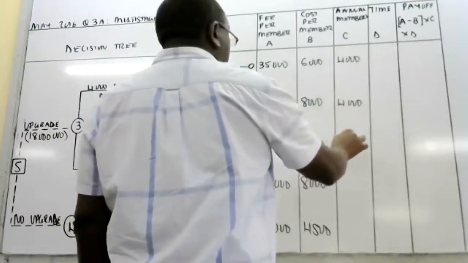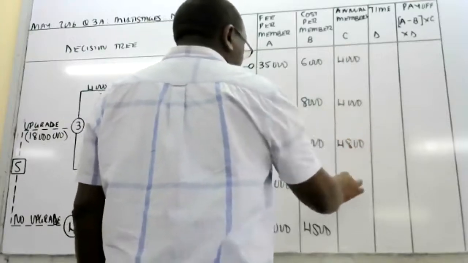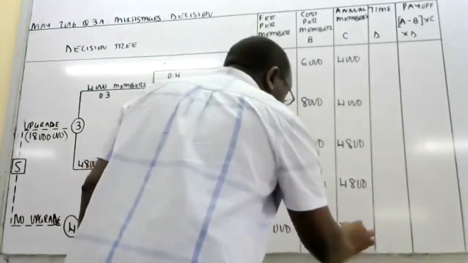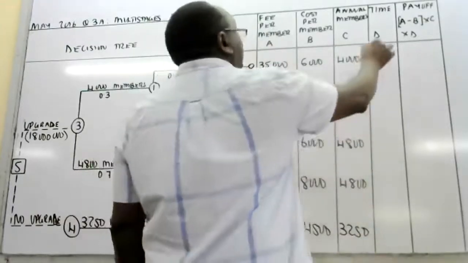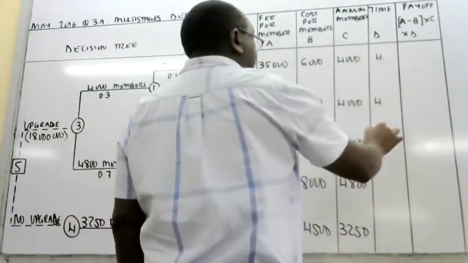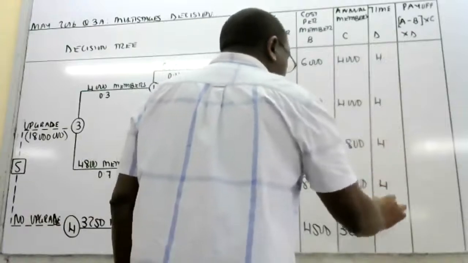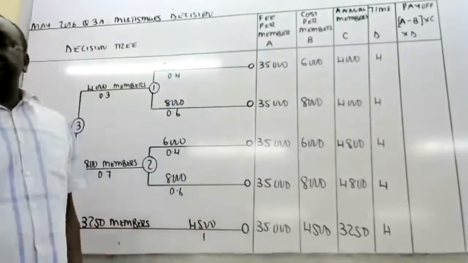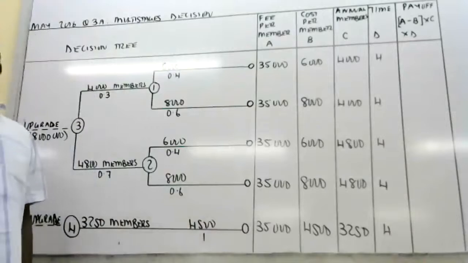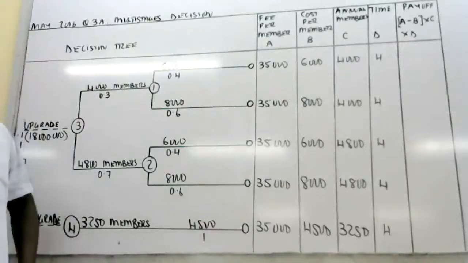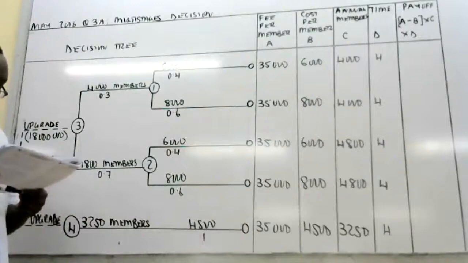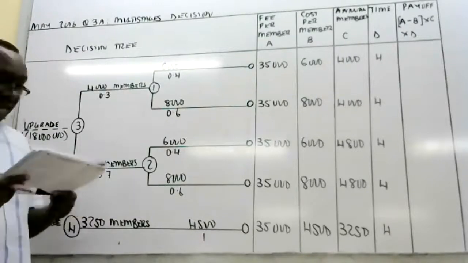This is 4,800. 4,800. And this is 250. And the time in years is 4. It's 4 years. So we start working.